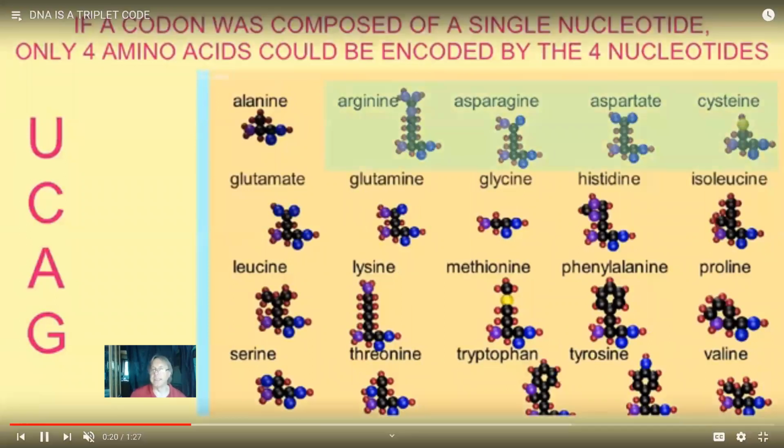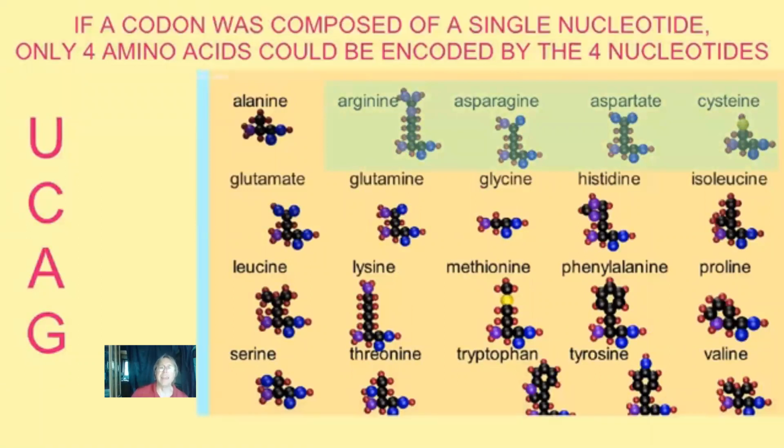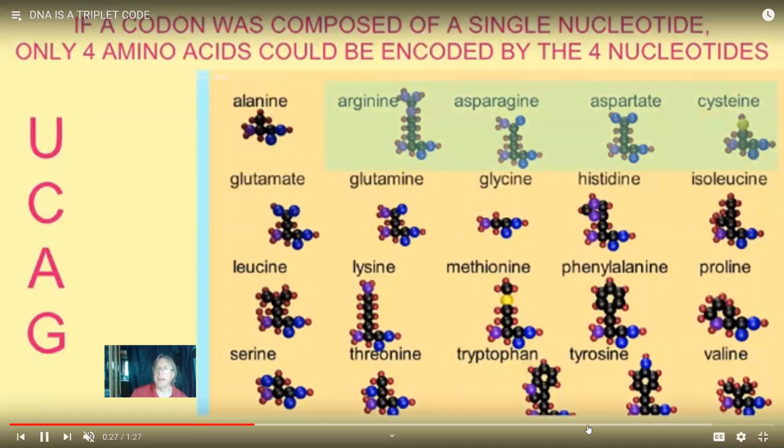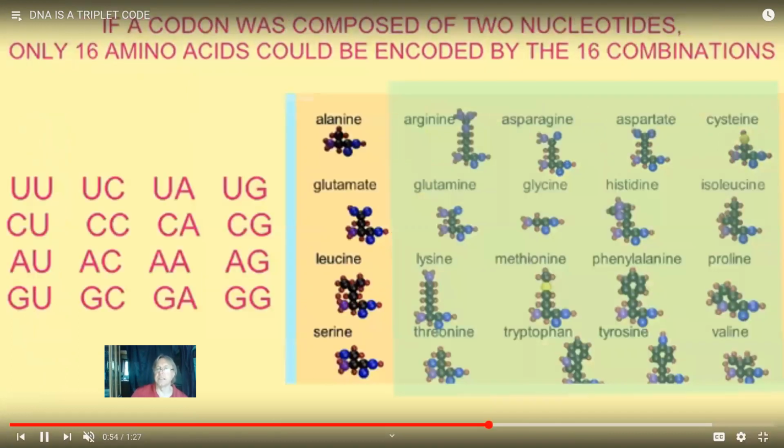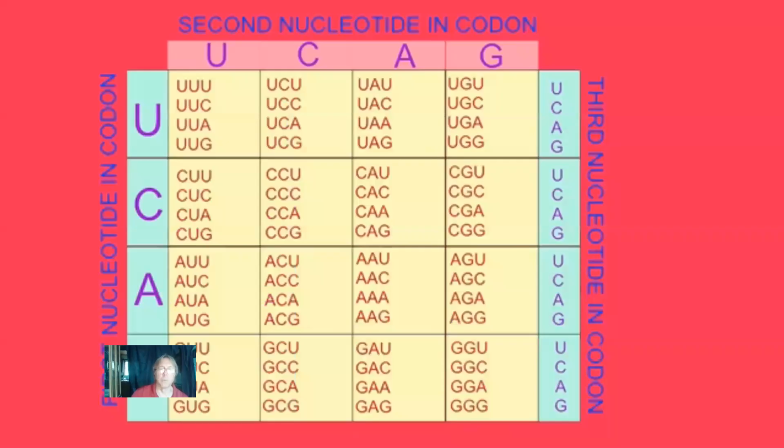Which of the 20 is the next one? Which of the 20 comes next, etc. And that's what the RNA code, which is a copy of the DNA code, does. The RNA code tells the cell which of the 20 amino acids is appropriate.